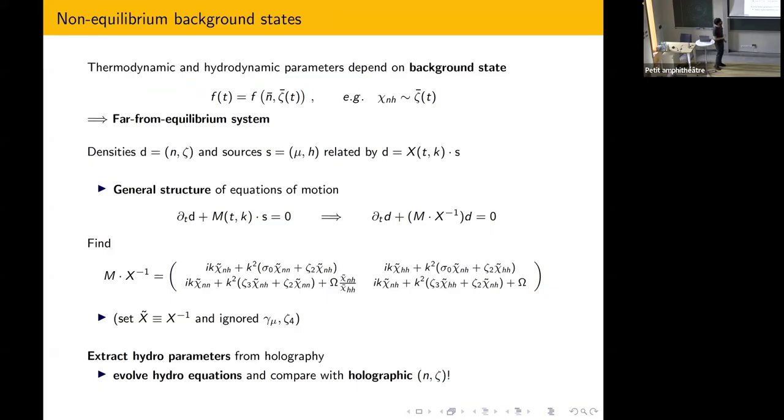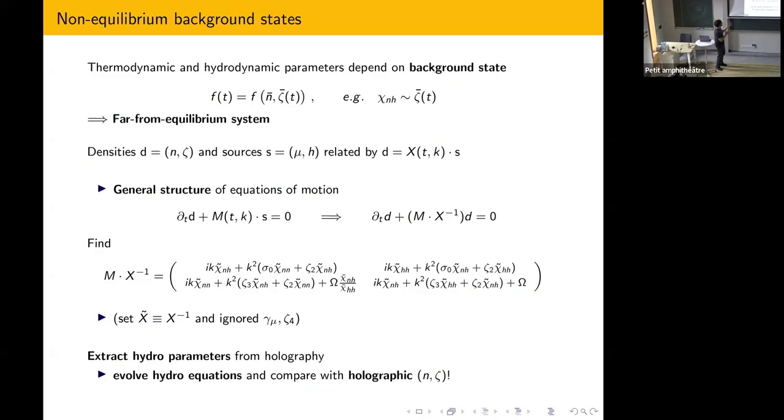Okay, here we just have some general words about hydrodynamics around a time-dependent background state. Since the superfluid velocity is relaxed and decays, it means that the state is time-dependent.